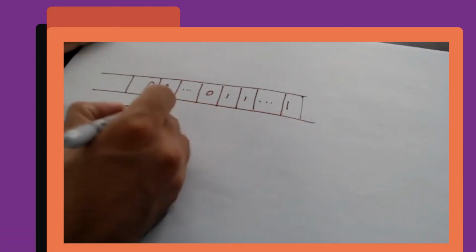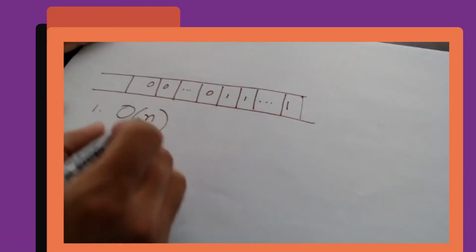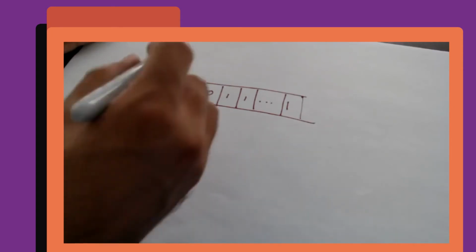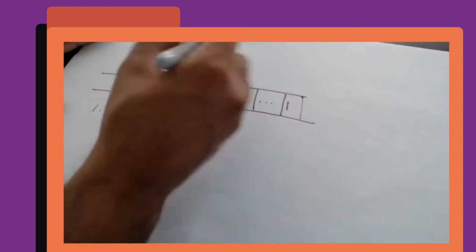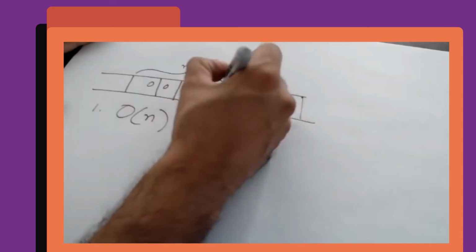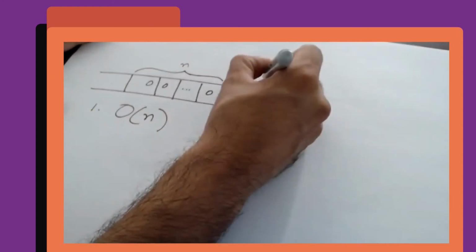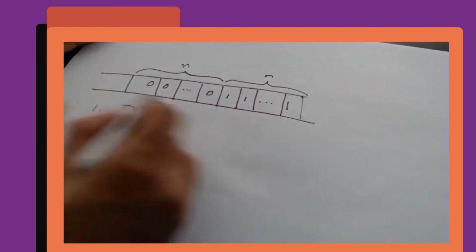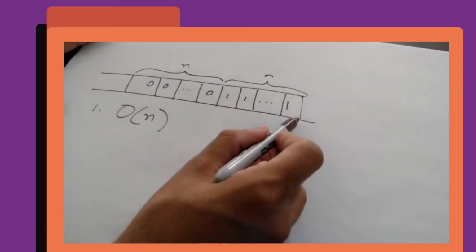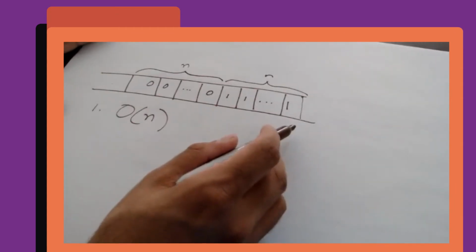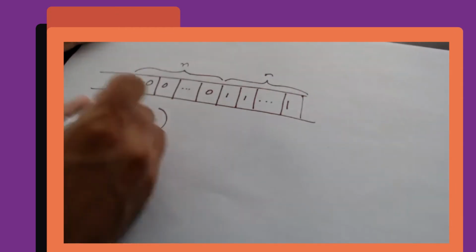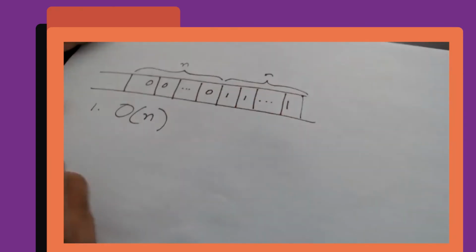Well, that's going to take O(n) time, where n is the length of zeros as well as the length of ones. Total length of the input is 2n, and in terms of big O, 2n belongs to O(n). And so this first step takes O(n) time.